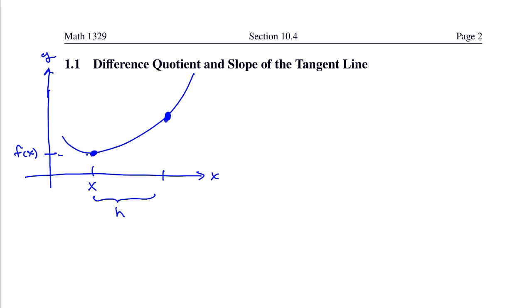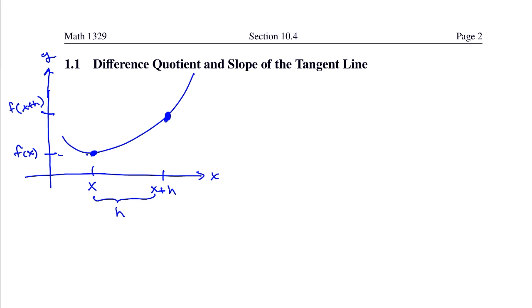What is it? No. It's x plus h, right? Yeah, x plus h. Because you started at x and you went over h units. So starting at x, going over h, that is x plus h. What would be the y-coordinate up here? F of x plus h. Yeah, f of x plus h.